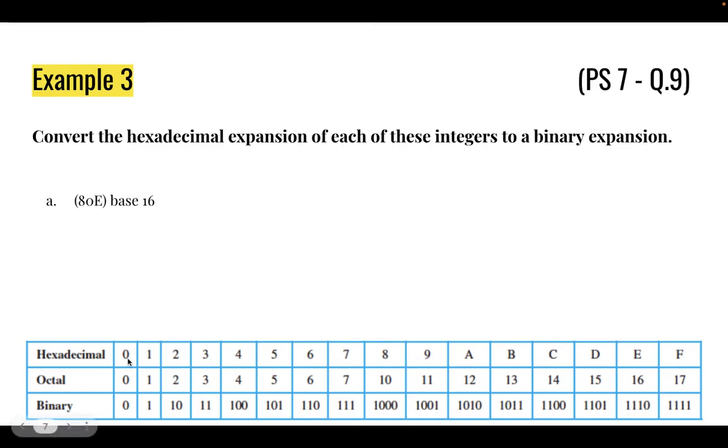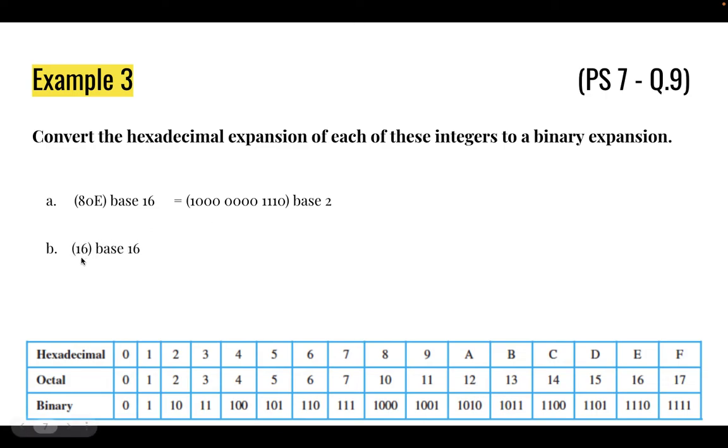Now 0 is represented as 0 in binary, but remember that for hexadecimal we need a 4-digit binary representation, so we write 0 four times, and E is represented as 1110. So this is 8 in binary, this is 0 in binary, and this is E in binary. This is our entire binary representation.